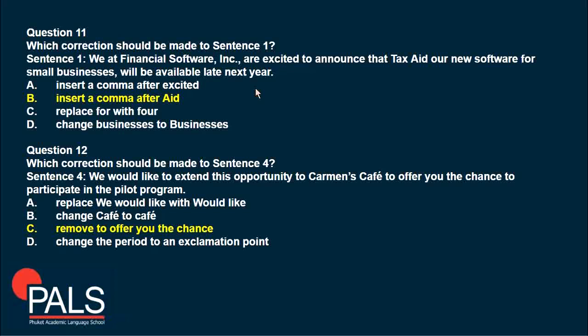It's describing Tax Aid, right? What is an appositive? Basically, it serves like a modifier, something that describes another word. So it's describing Tax Aid, our new software. What is the new software? It's Tax Aid. So there you go.